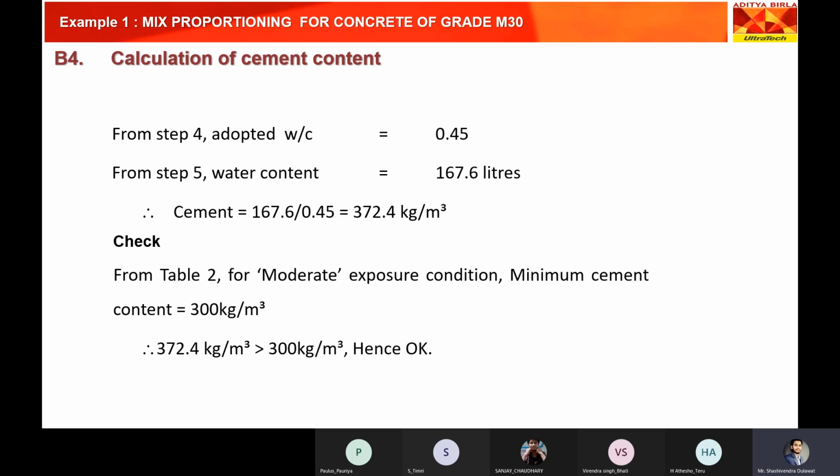We will check according to table number 2 for moderate condition. The minimum cement content is 300 according to the condition, and our value is 370.4. So our value is more. Then we can say it is okay.